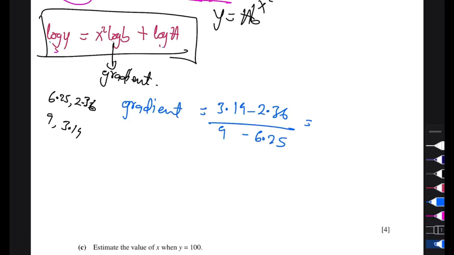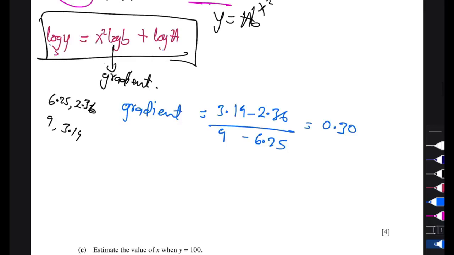And according to the calculator, my gradient is giving me 0.301 something. So I'll just keep it at 0.30, right? But we can see that log B is the gradient, and the gradient is 0.3, okay?